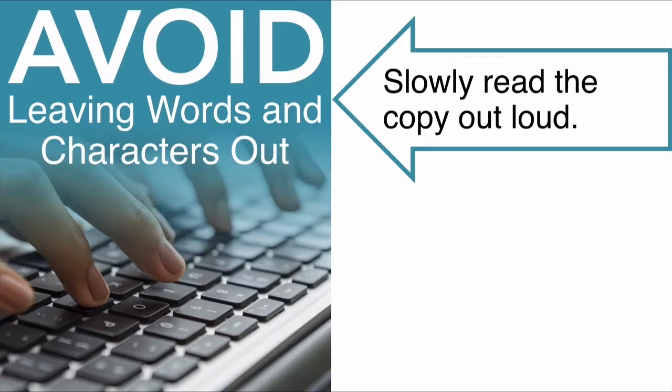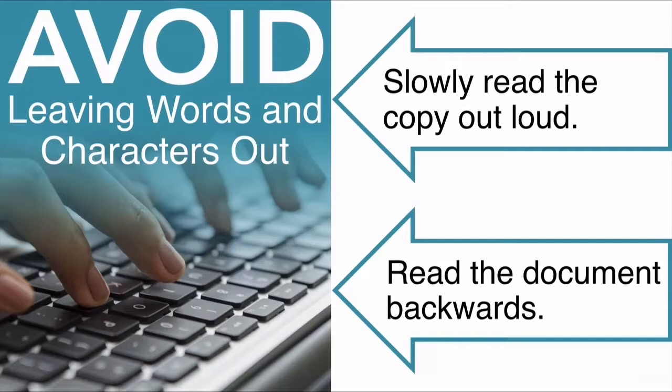The other thing you can do is to read the document backwards. Now, that might sound a little crazy to you, but think about it. When you're reading a document, if you read that document backwards, you're actually reading everything out of context. See, what happens is when you're reading something in context, meaning you're reading it the way it was written, oftentimes we don't see the errors. We see what's supposed to be there.